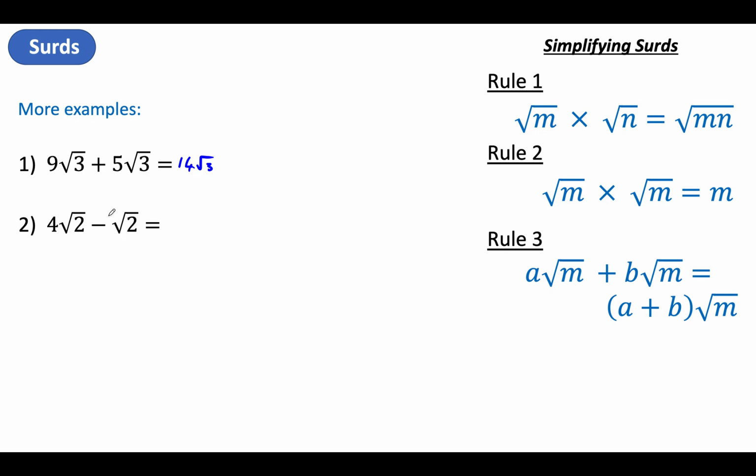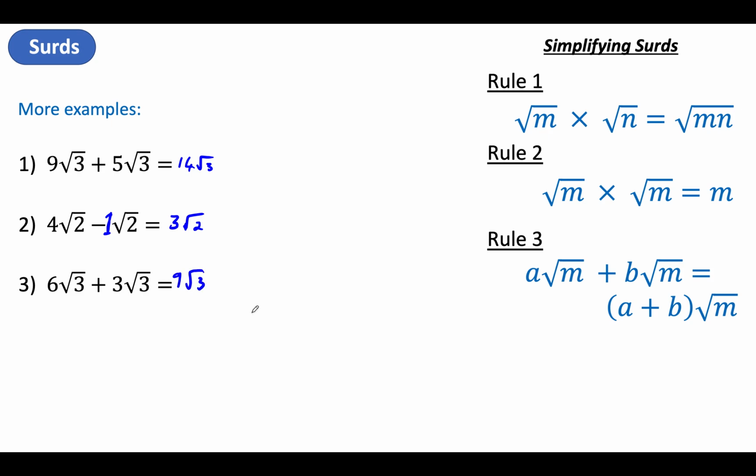This is just like 4x take away x leaves 3x, because this is really one lot of root 2. 4 lots of root 2 take away 1 lot of root 2 is 3 root 2. That is a square root sign, I promise. And 6 root 3 plus 3 root 3 would be 9 root 3.